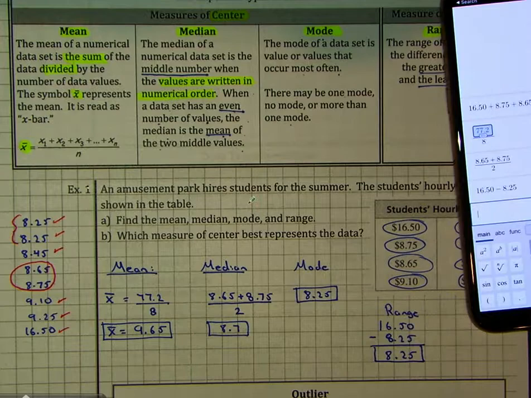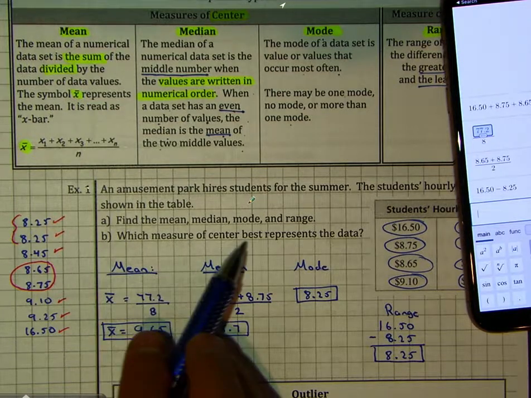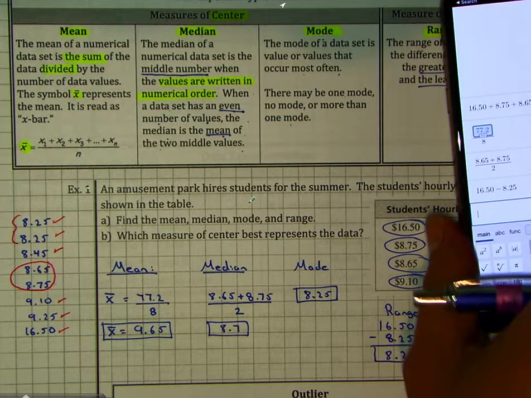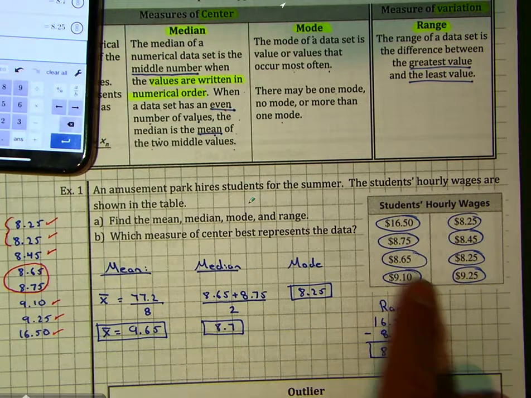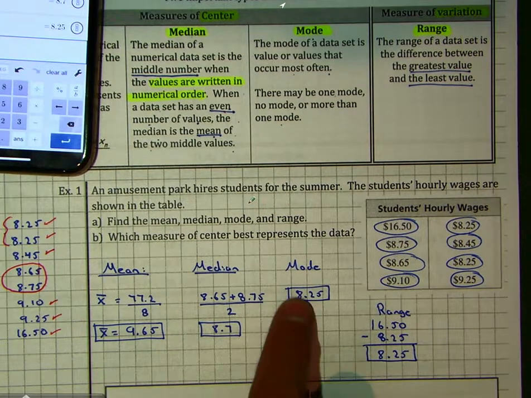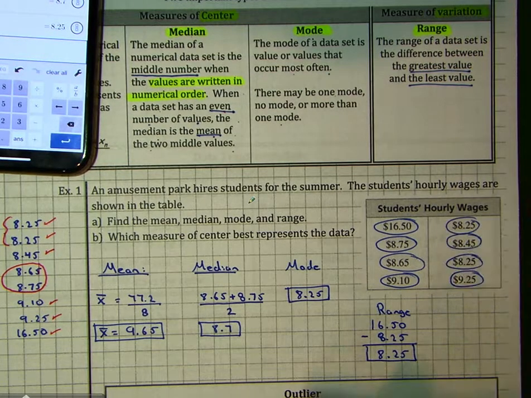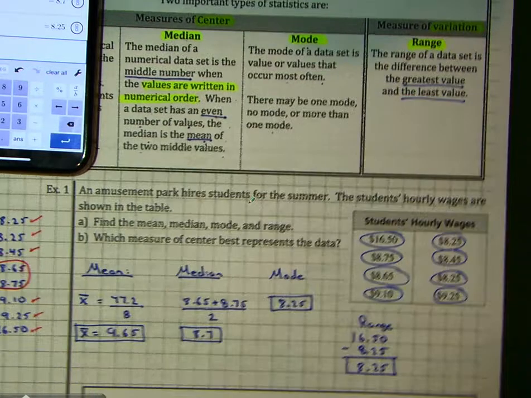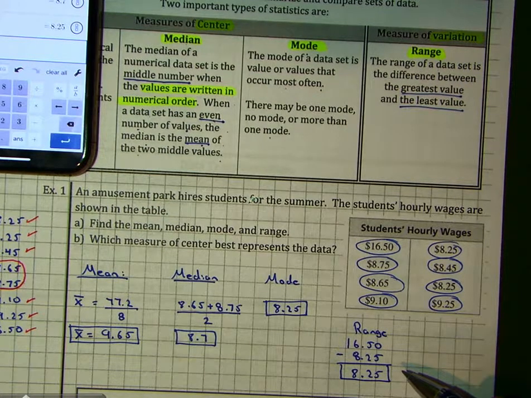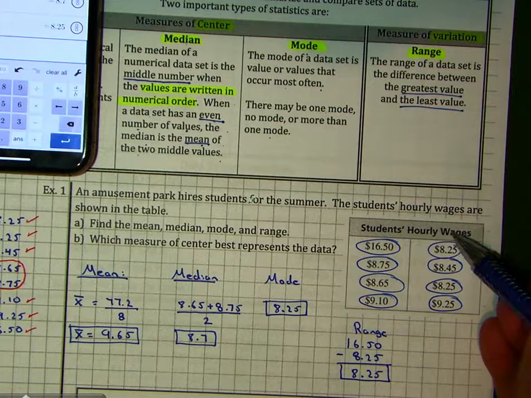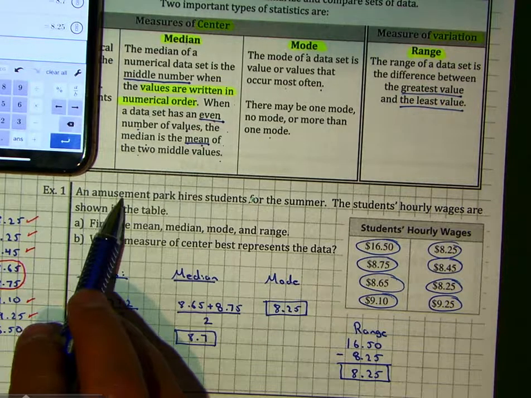Now, the next question is, which measure of center best represents the data? So if you look at all of those numbers, which one is closest to what students usually earn as an hourly wage in an amusement park?